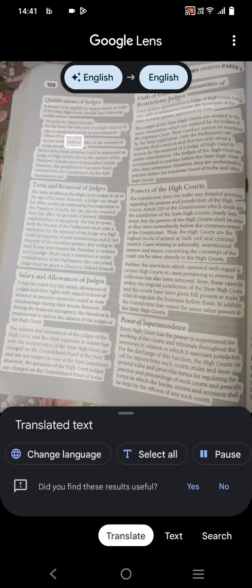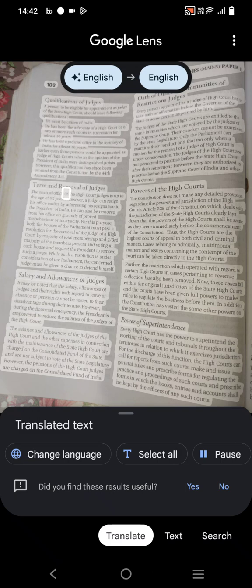Or he has held a judicial office in the territory of India for at least 10 years. Earlier, even those persons could be appointed as judges of high courts who, in the opinion of the President of India, were distinguished jurists. However, this qualification has since been omitted from the Constitution by the 44th Amendment Act.